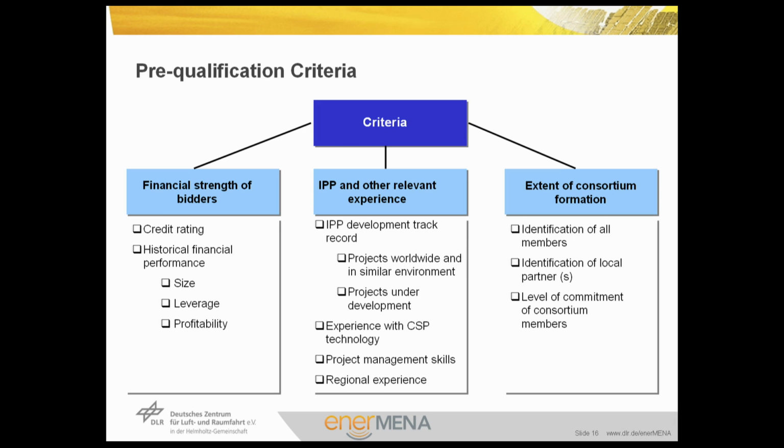Firstly, the financial strength of bidders, in which credit rating and historical financial performance, size, leverage, and profitability will be considered. Secondly, the criteria for the IPP experience, for example, the IPP's development track record, experience with CSP, project management skills, and regional experience. And finally, the extent of consortium formation will be investigated.